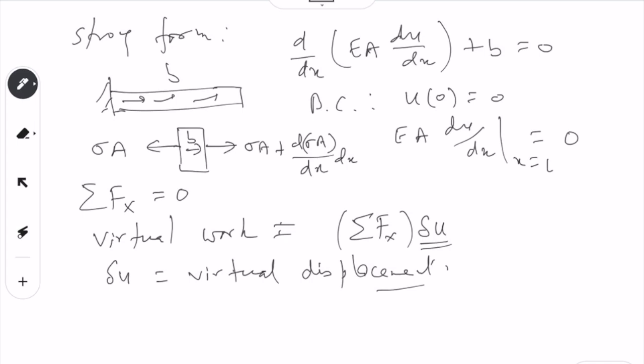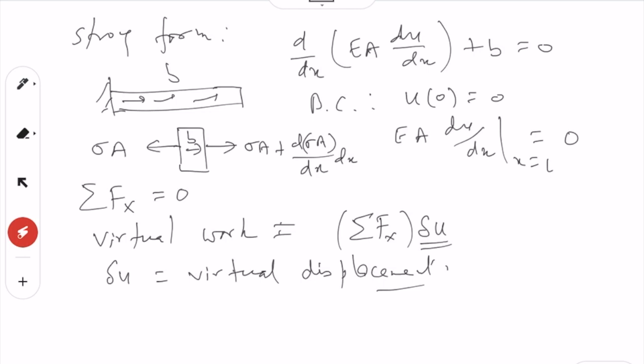Now, the principle of virtual work says that if the structure is already in equilibrium, yeah, then any small amount of u is not going to give you any work, right.